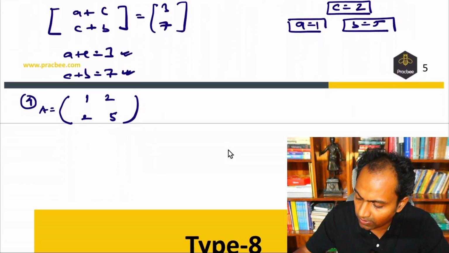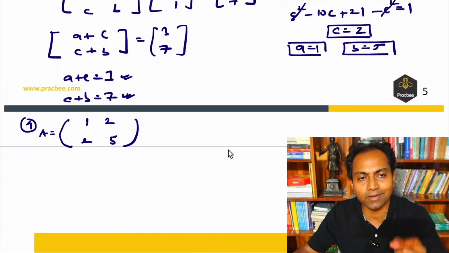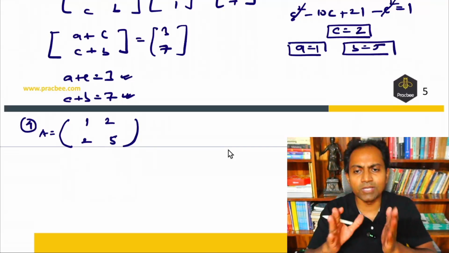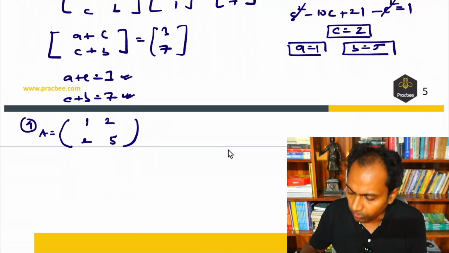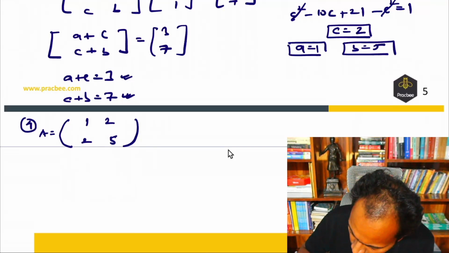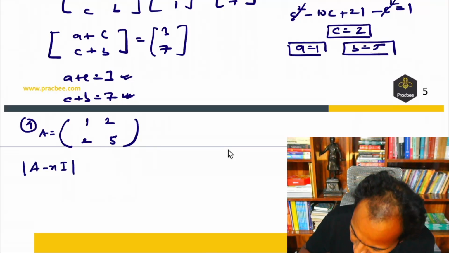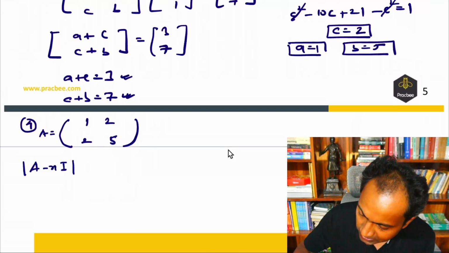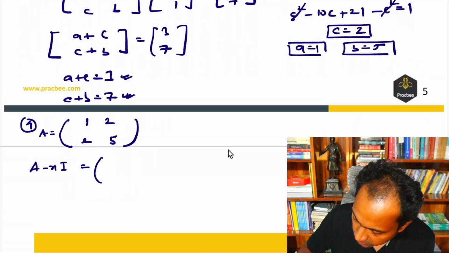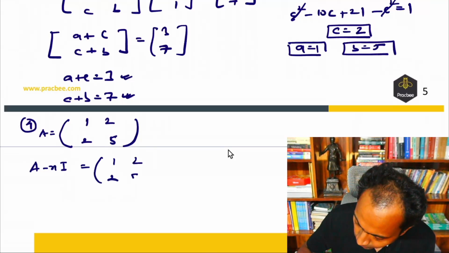So what we are going to apply is the idea of the characteristic polynomial. I will be using this example also, and I will illustrate all the important concepts here. So what I can do is write A minus xI. Let us first write it in the form of a matrix itself. You have 1, 2, 2, 5.